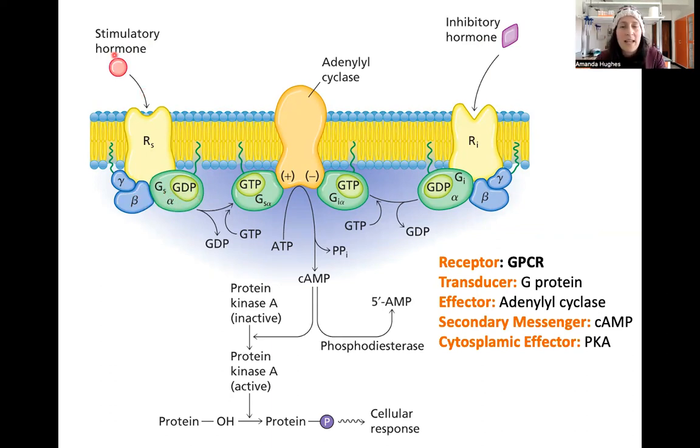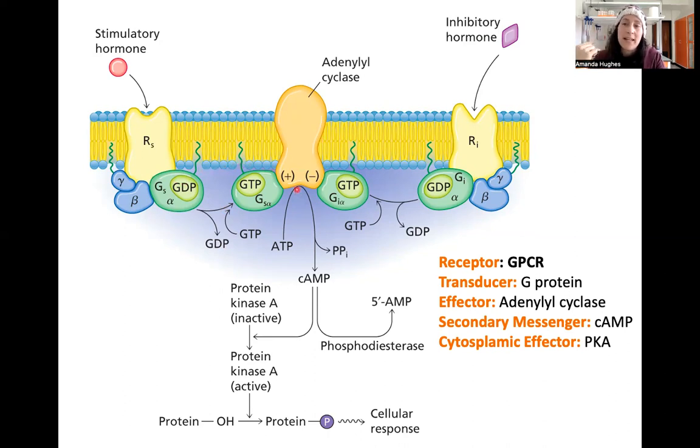Once the ligand binds the receptor, the alpha subunit of the G complex releases GDP and binds GTP and is therefore activated. So that is an active G protein, the alpha subunit. When it has GTP bound, it is activated and it is released from the receptor and travels until it reaches its effector enzyme.